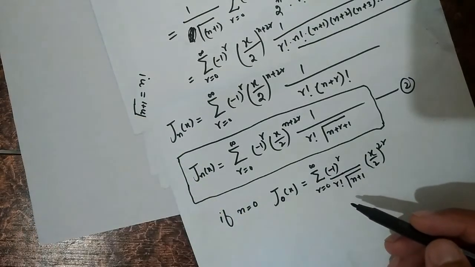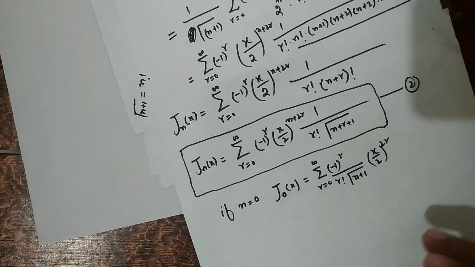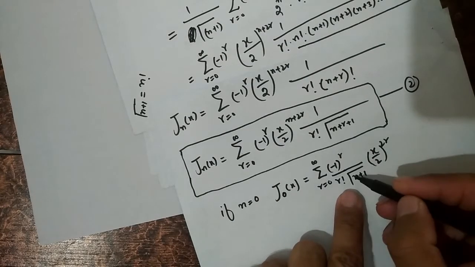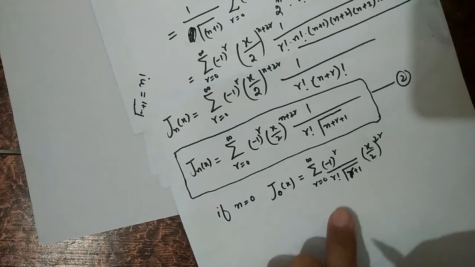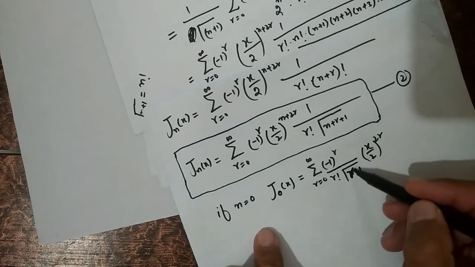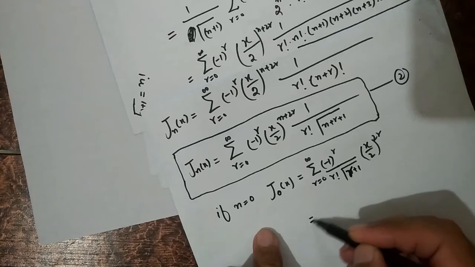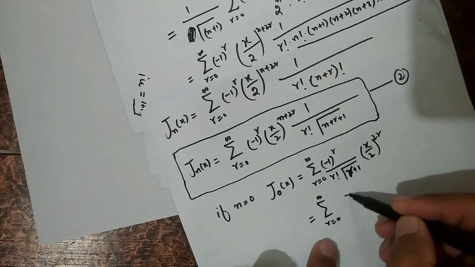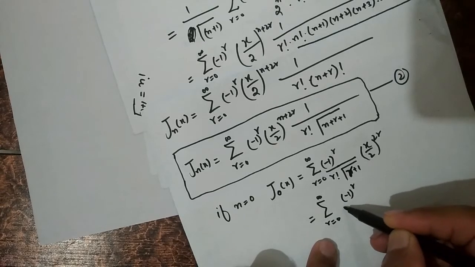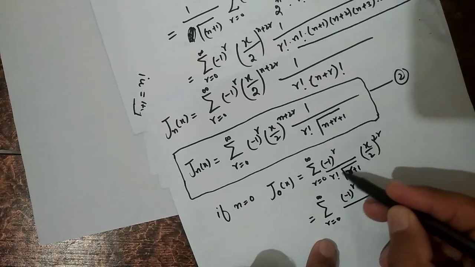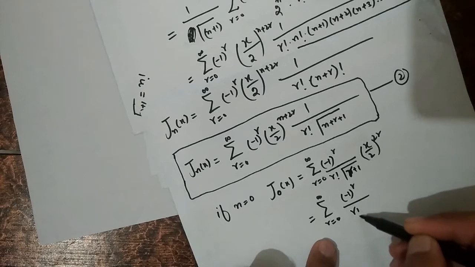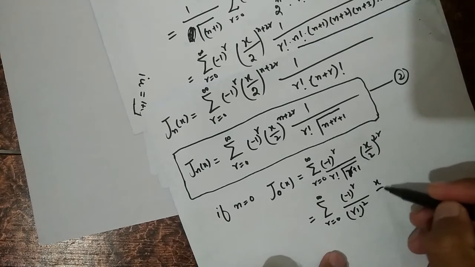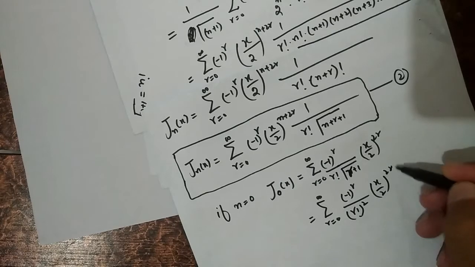So sorry, this is not n, but this is r plus 1, so it will become r factorial. Therefore this will become summation from r equals 0 up to infinity, minus 1 to the power r divided by r factorial and r factorial, so it will become r factorial square, and x divided by 2 whole to the power 2r.